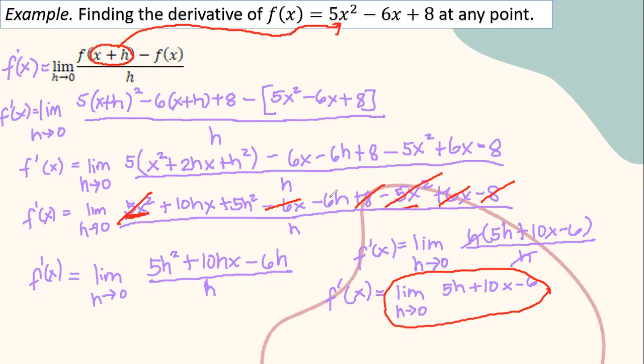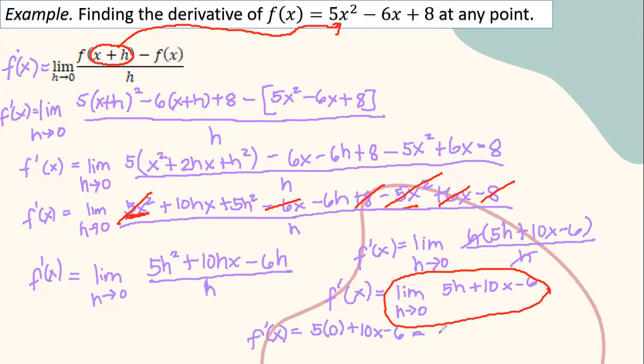Evaluating the limit, we just have to substitute 0 sa ating h. Okay? So, may h pa tayong natira sa first term. Thus, we have f prime of x is equal to 5 times 0 plus 10x minus 6.